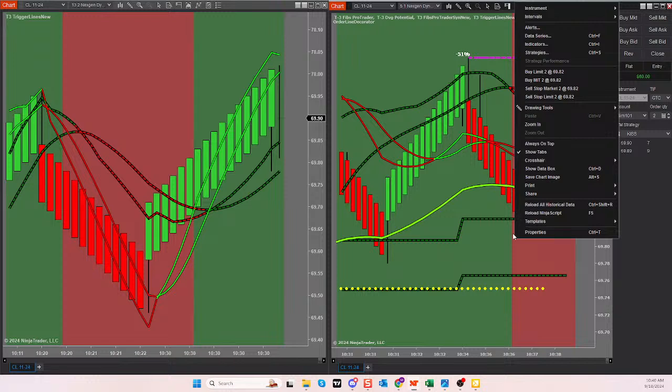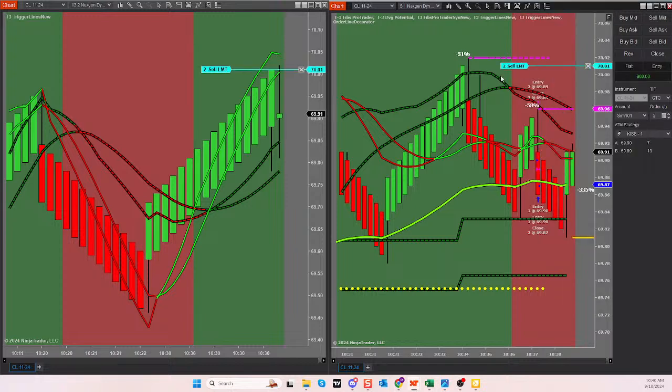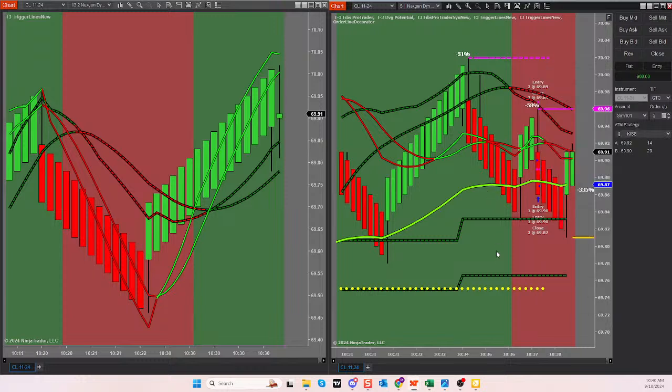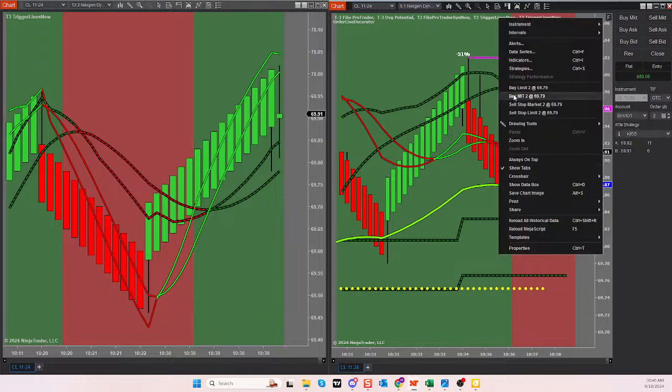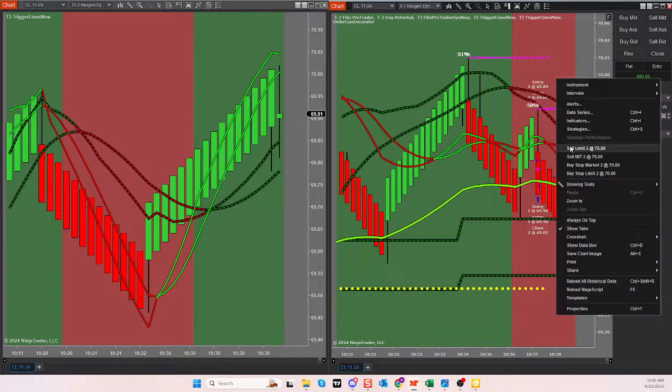Wayne, right click lower than the current price. It'll be your first option, buy limit 2. Right click higher than price. It'll be your first option, whoops, sell limit 2. So first it's a right click, buy limit, a right click, sell limit. So it depends on whether you're going up or down.